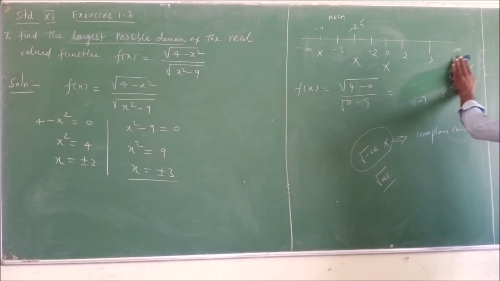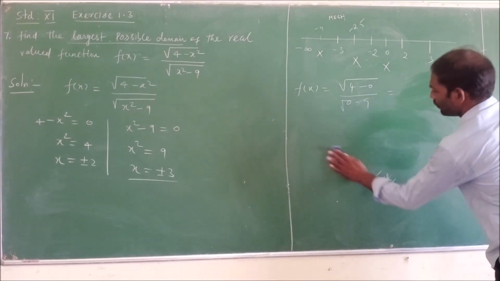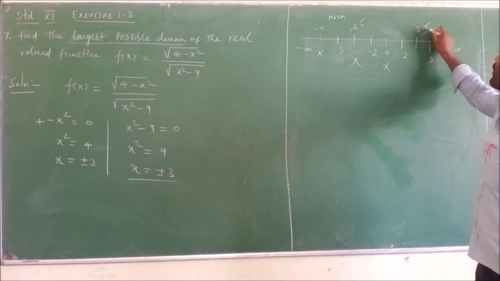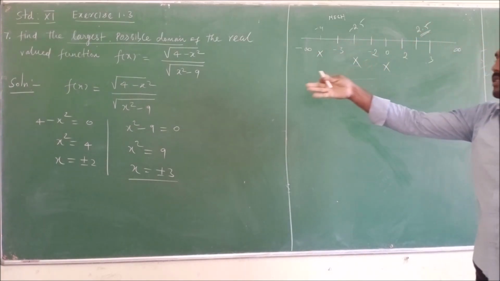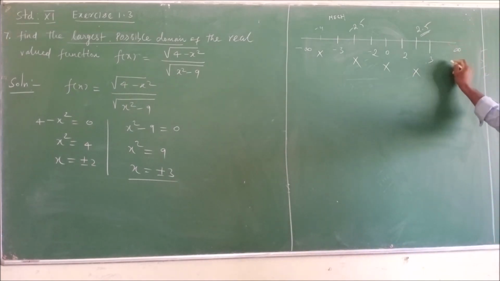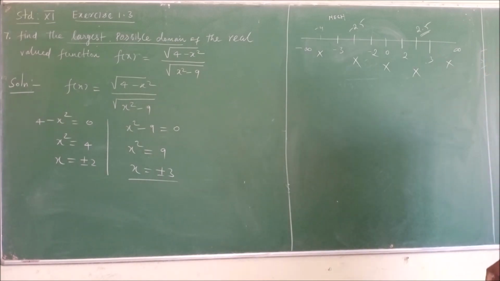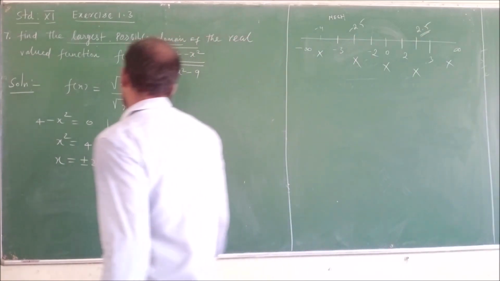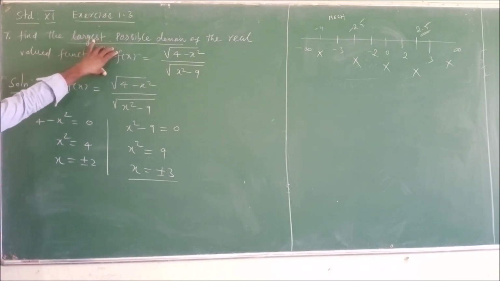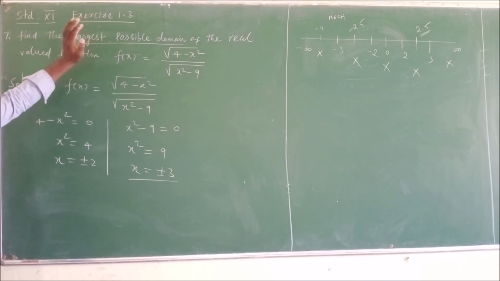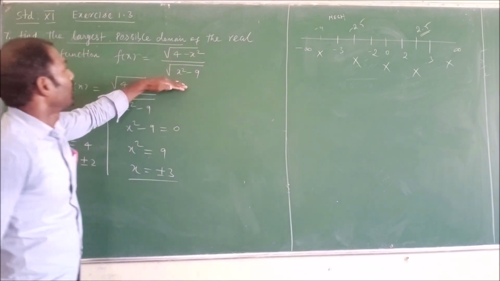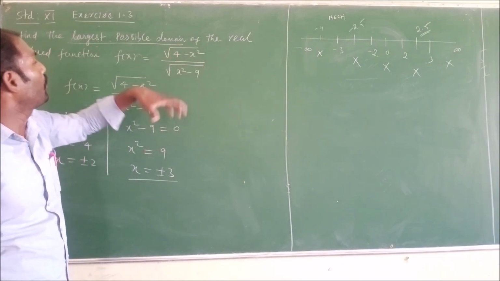Again, the fourth one is 2 to 3. Taking 2.5, it also does not exist for this interval. So it is also not an interval. Applying 4, 5 in the last interval, it is also not in f of x. So the largest possible domain of this real valued function is the empty set, because from minus infinity to plus infinity f of x cannot take any value in x.